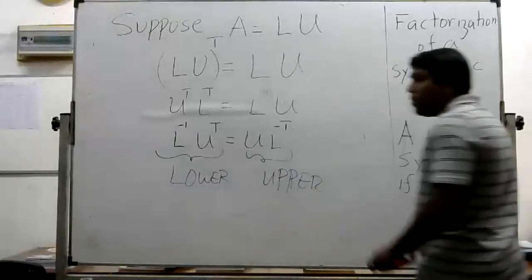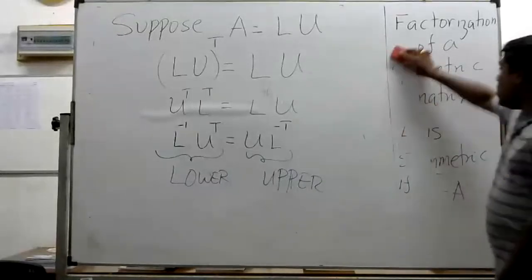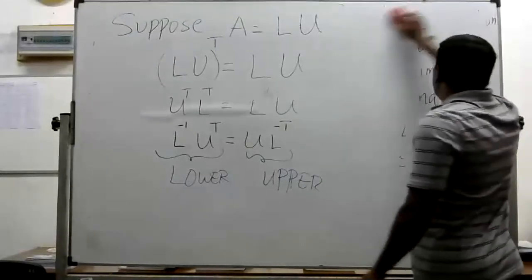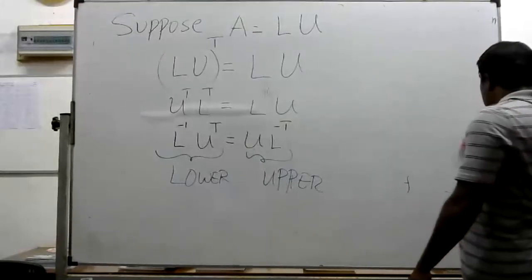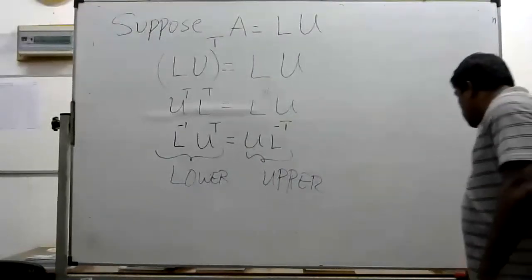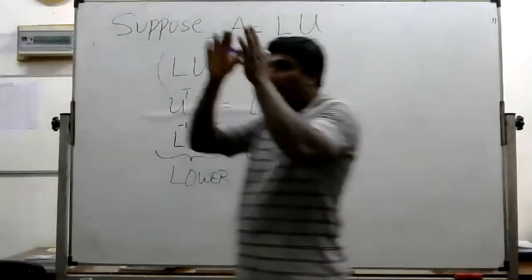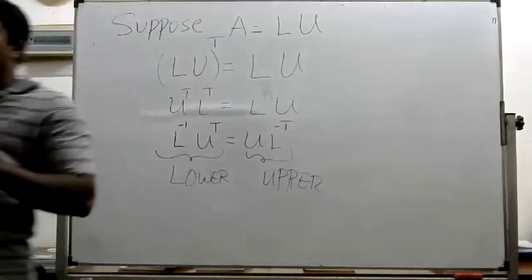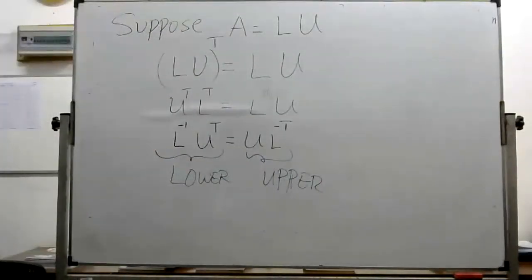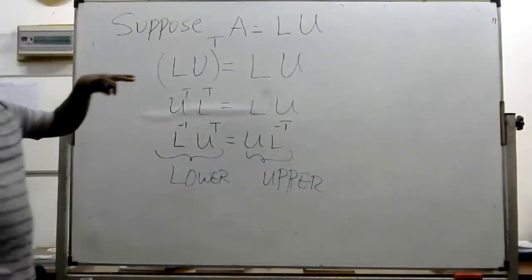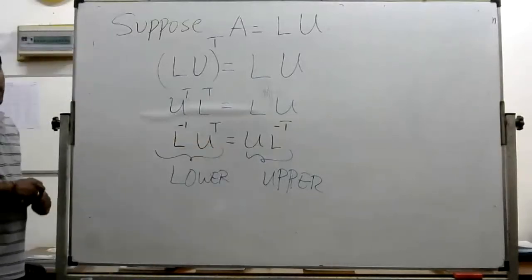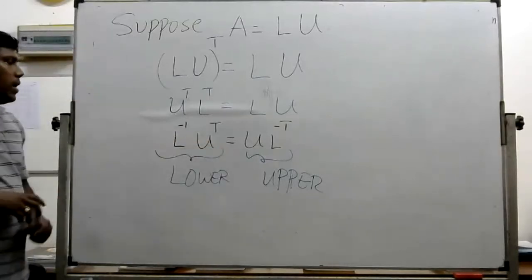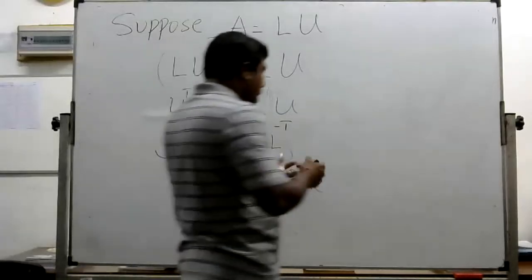So that can be possible only in one scenario, and that is whenever the matrix is a diagonal matrix, right? Because you know an upper triangular matrix has the diagonal and above the diagonal terms, a lower triangular matrix has the diagonal and below the diagonal terms, right? So clearly the only way that these two are equal is whenever they are diagonal.